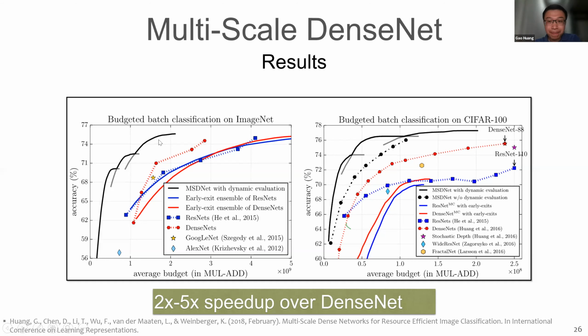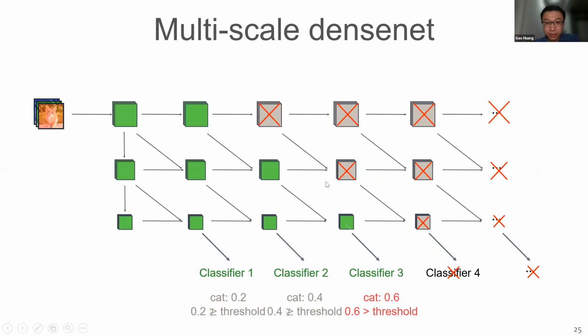Why can we obtain a solid curve here? Let's go back to this slide. When we have a trained MSDNet, we can tune this threshold online. That is, we do not need to retrain the network, we can simply tune the threshold.